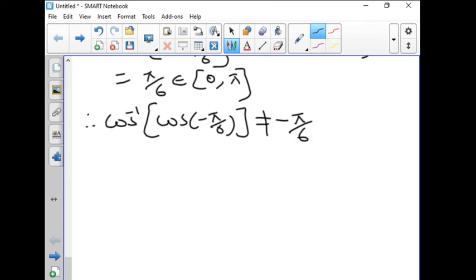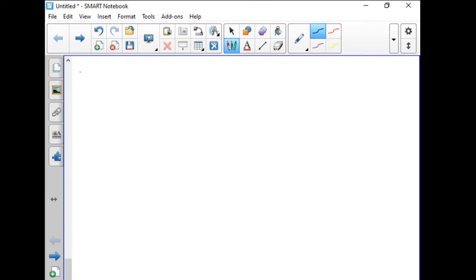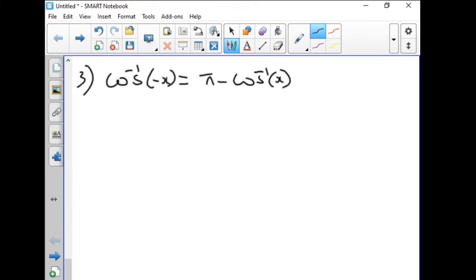Then coming to question number 3. Is cos inverse of minus x equal to pi minus cos inverse of x true? Justify your answer. The first answer is yes, it is true. Now, we have to justify our answer.